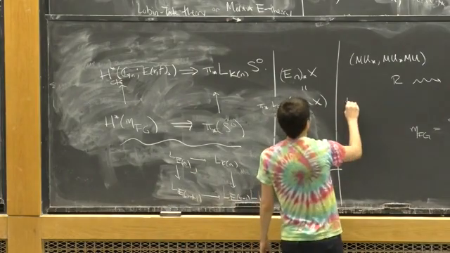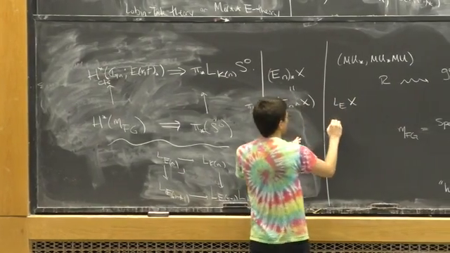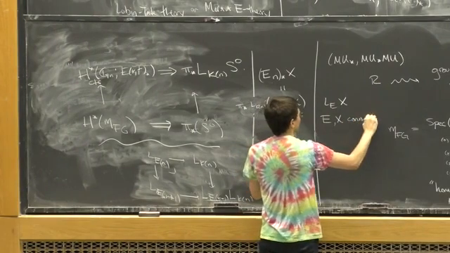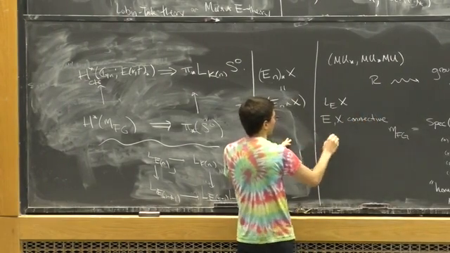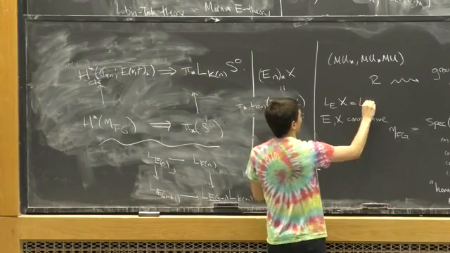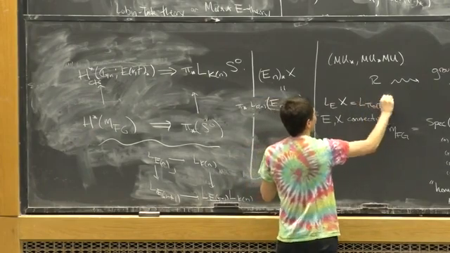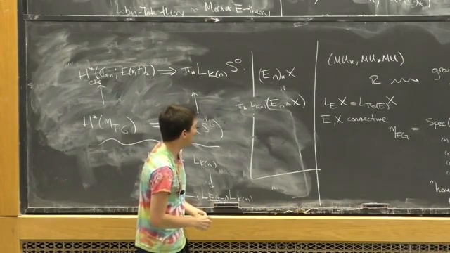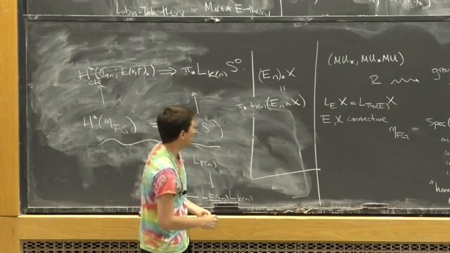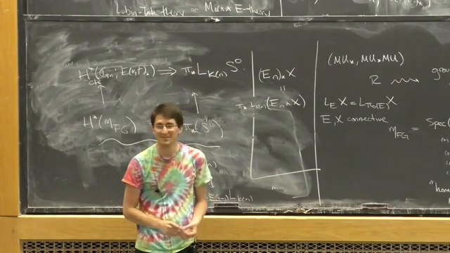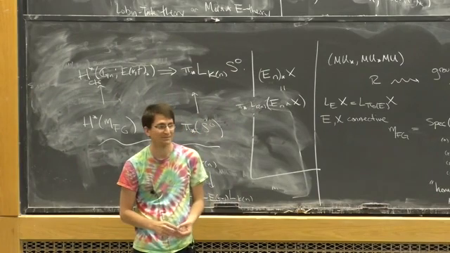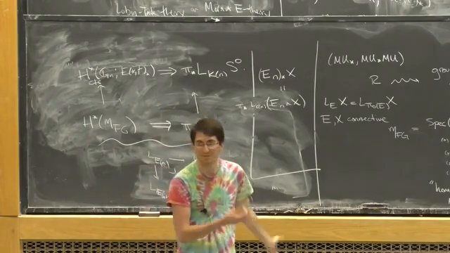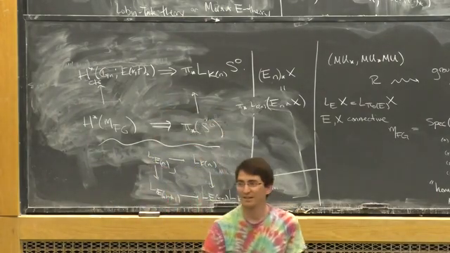So if you're trying to compute LE of x, and you know that E and x are connective, then this is just L pi naught of E of x, and pi naught of MU is Z. Probably x just needs to be bounded below, and maybe you can get away with less. But yeah, it's just that. This is in Bousfield's original paper.